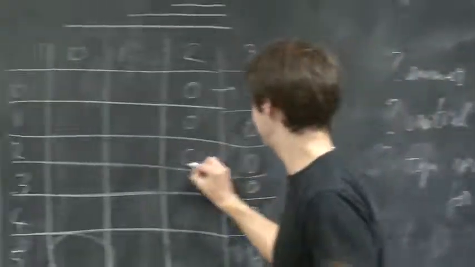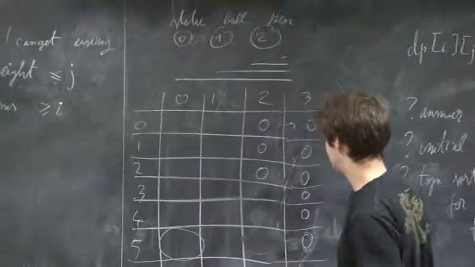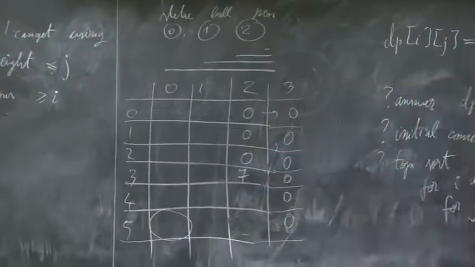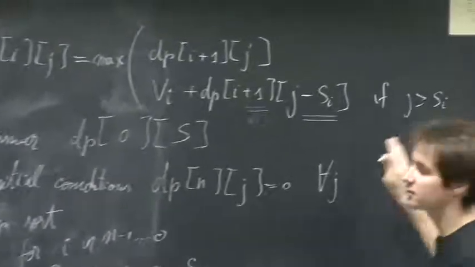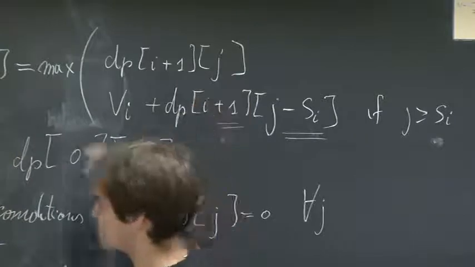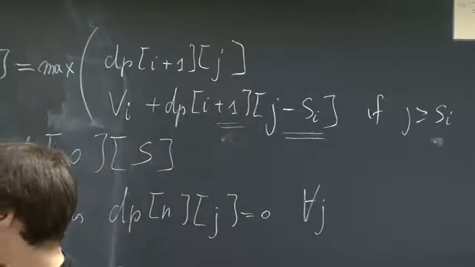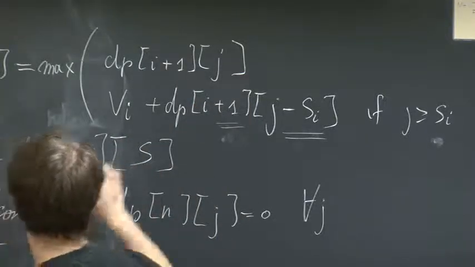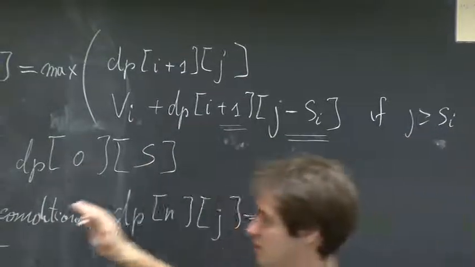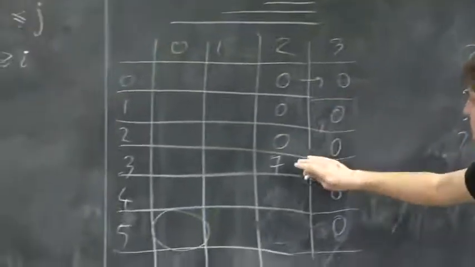OK? 7. So here, this condition is going to evaluate to true finally. So this is going to be the maximum of either dp of i plus 1, j, so dp of 3, 3, which is 0, or 7 plus dp of 3, 0. So 7 plus 0, which is 7.